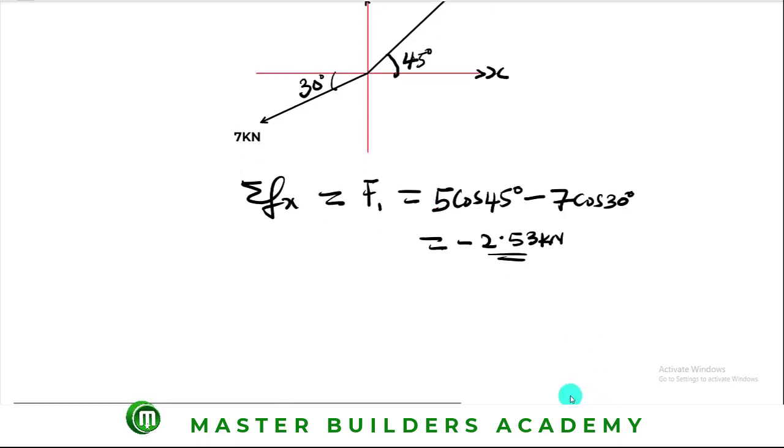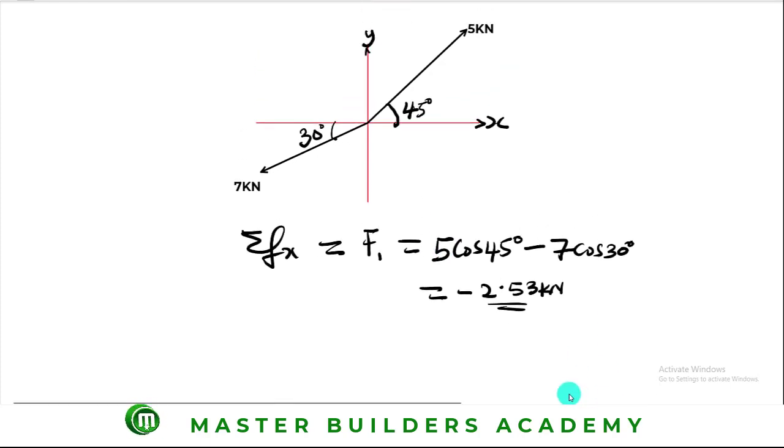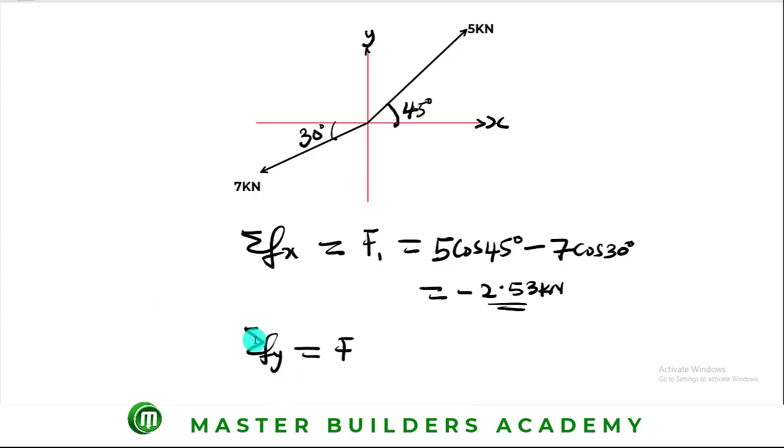Again, we want to quickly resolve the same force to the y-axis. And in resolving this to the y-axis, we have sum of Fy is equal to, let's take this as F2, and then this will be what? 5 sin 45 degrees.